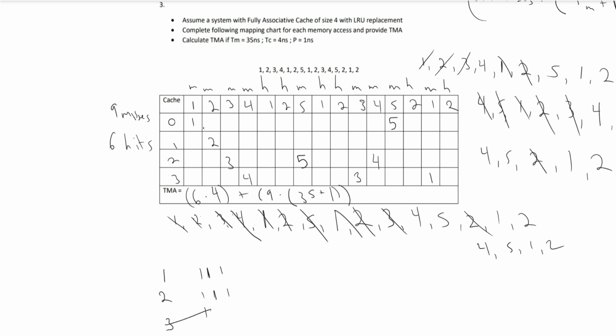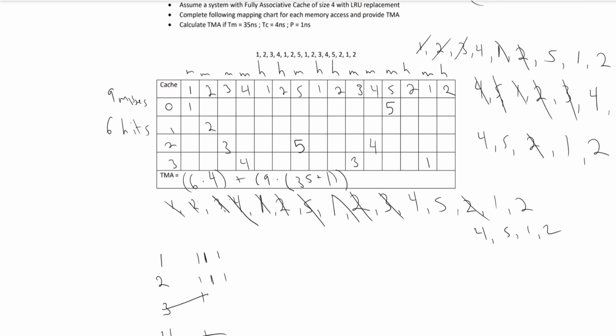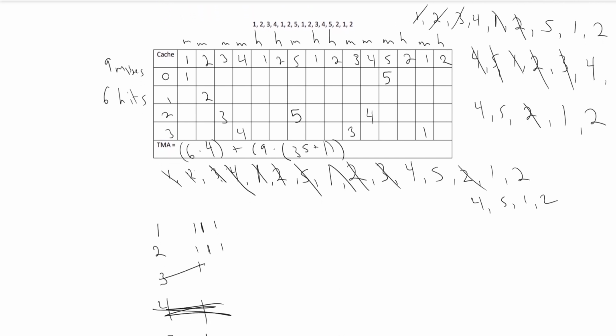It's just a coincidence, I think, that so far the LFU and LRU are the same. Because now you'll have 4, and 4 is not in this cache, right? 1, 2, 5, and 3. So this is a tiebreaker. Cross this out, and then 5 is gonna make a miss again.